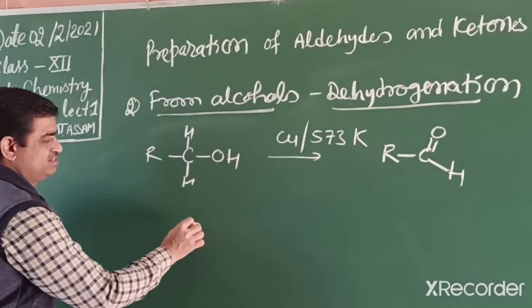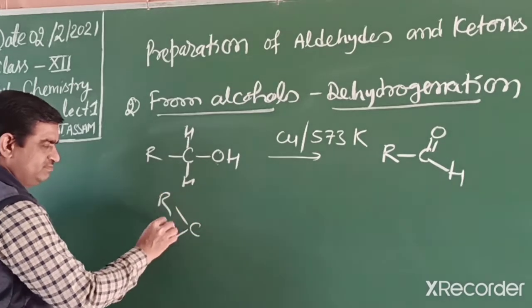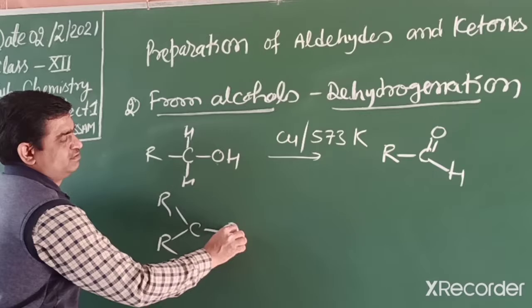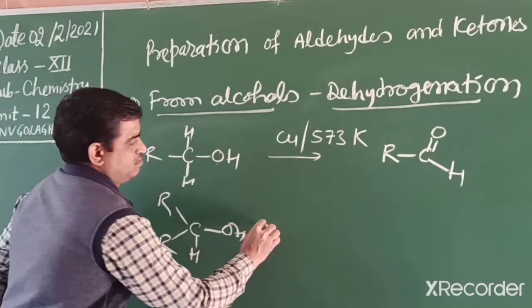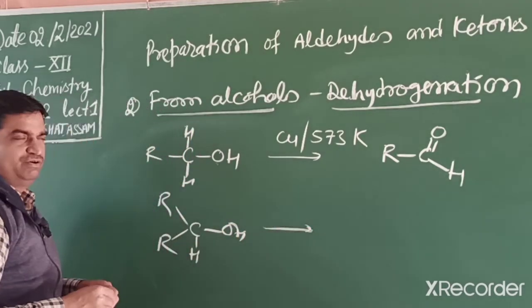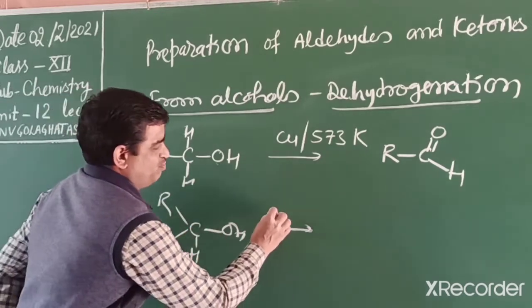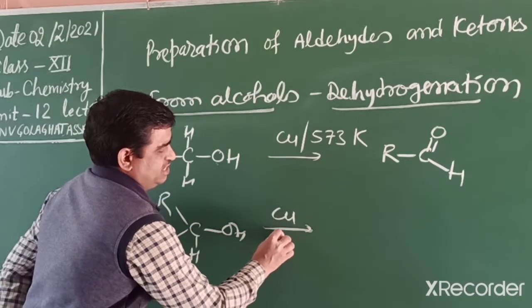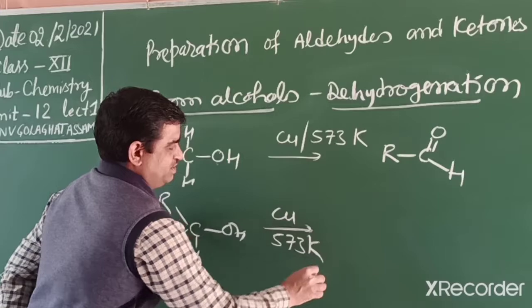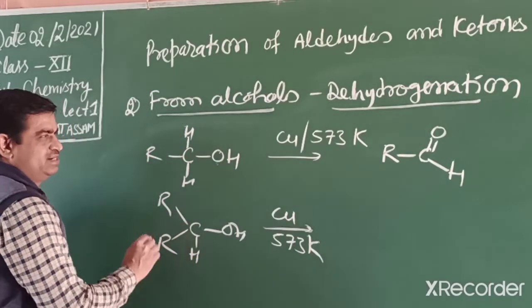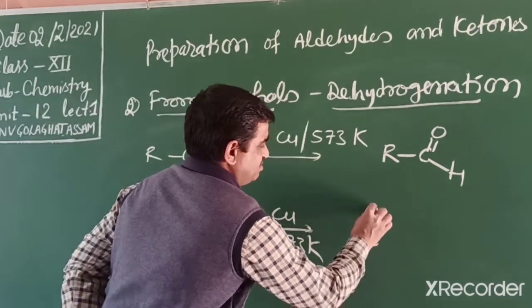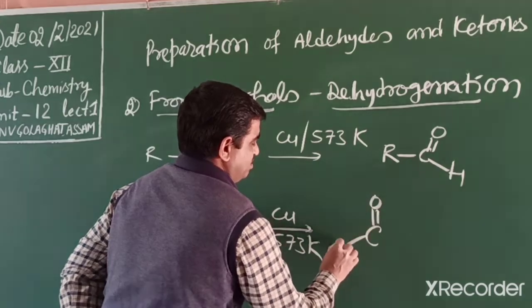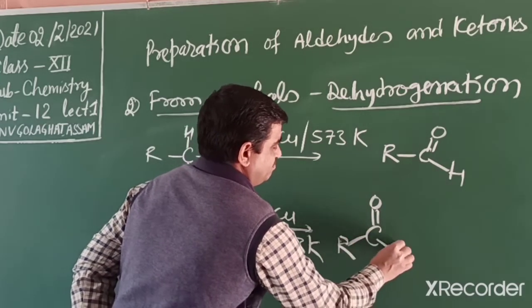If the alcohol is secondary, and the alcohol vapors pass over copper metal at 573 Kelvin temperature, then this secondary alcohol is oxidized and we get the product ketone.